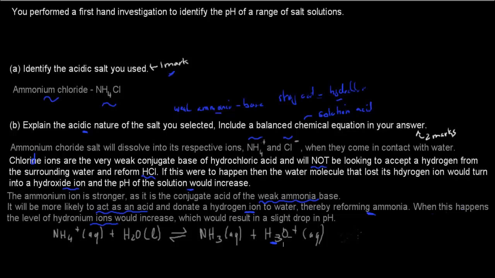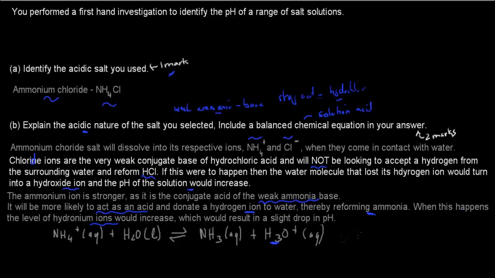Hydronium ions lower the pH, which means the solution itself will be slightly acidic because the conjugate acid, the ammonium ion, will reform some ammonia, and by doing so will decrease the pH, as it also means we're going to have some hydronium ions being reformed.